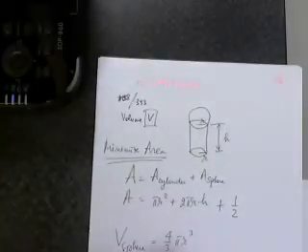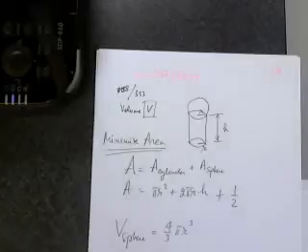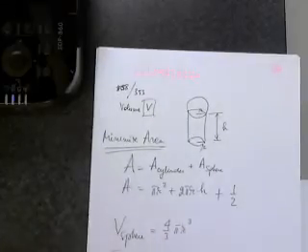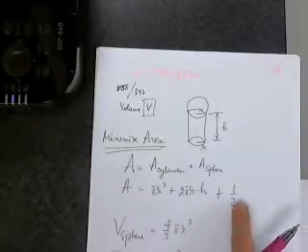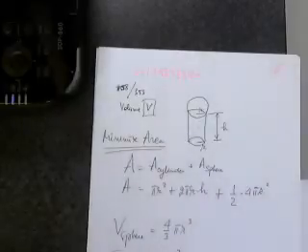For the area of the sphere, we only have to differentiate this with respect to r. So please remember the area of a sphere is the derivative of the volume of the sphere. If I bring 3 down, what will be the area of the sphere? 4 pi r squared. But since it's half, I'm going to put 1/2 times 4 pi r squared.